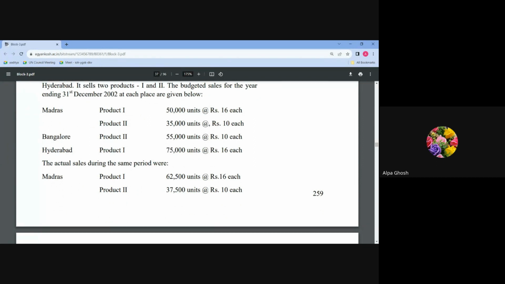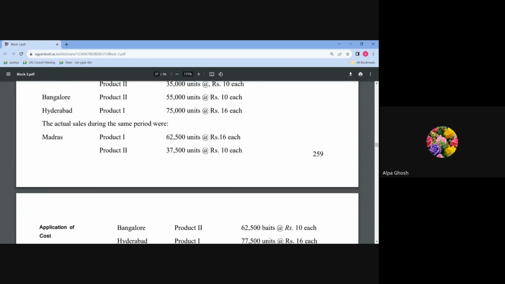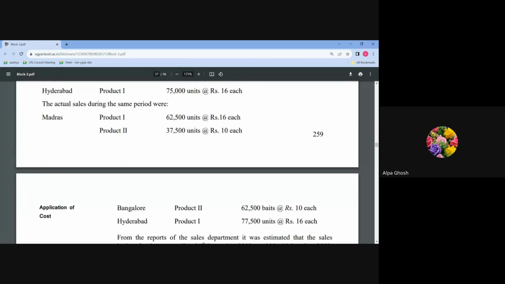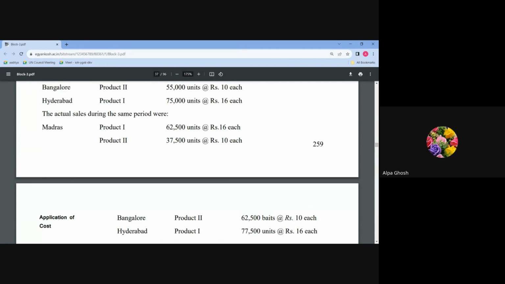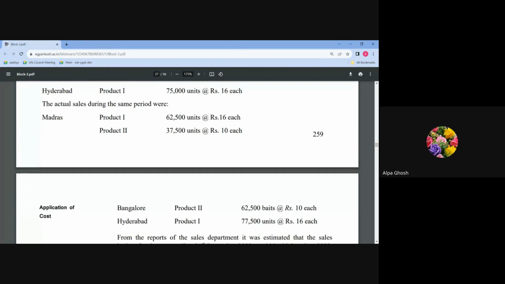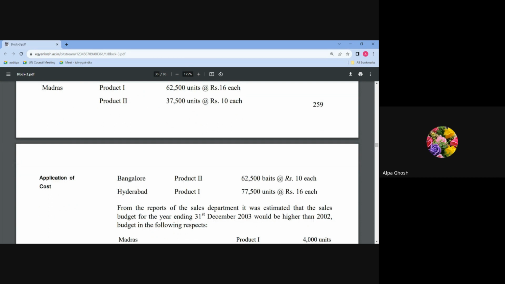For Madras, the budgeted sales was 50,000, but here it is 62,500. Here it was 35,000, here it is 37,500. Next, Bangalore product 2. It was estimated for 55,000 units, it is 62,500. And second one, it is 75,000 units, it is 77,500. So from here we can see that in the actual sales, all have increased.